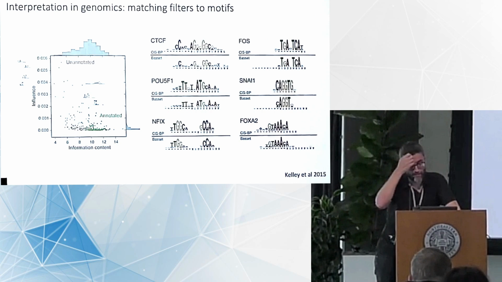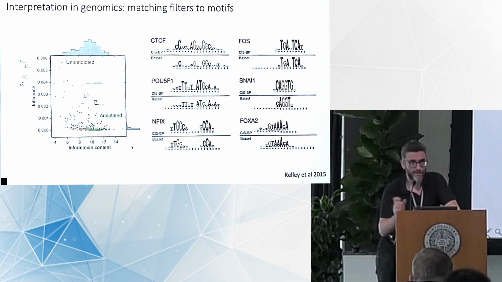And then one thing that I wanted to highlight is this interpretation aspect. This is a plot, for one of these sorts of networks, of influence versus information content of the first set of filters from this network. Basically what they did is they took the filters that were learned by the neural network and compared them to the database of transcription factor binding preferences.